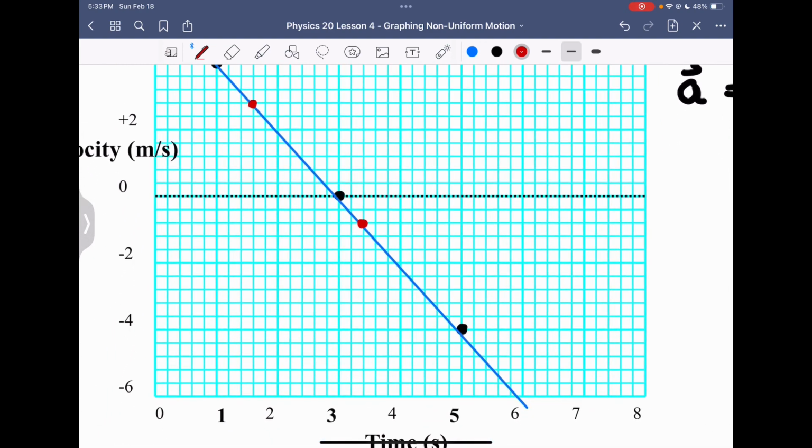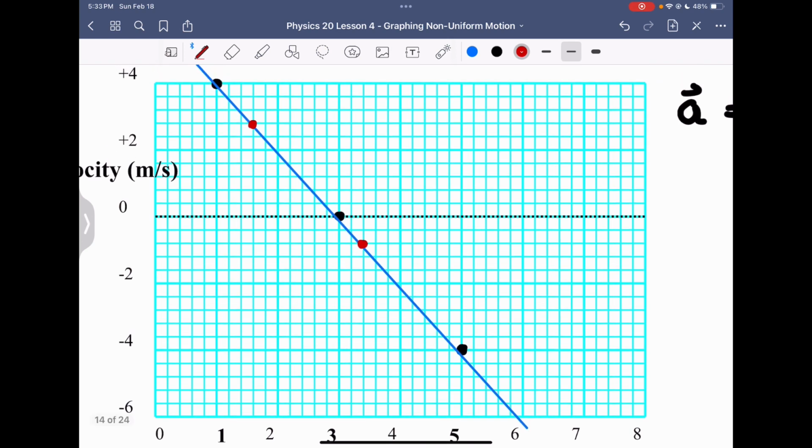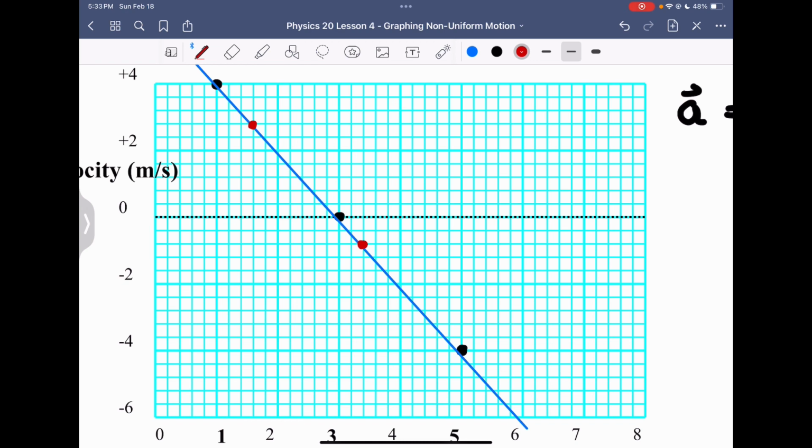So let's label these according to their times and their velocities. In the first point, we look at that one and we see it's between 1 and 2, and it's 6 past 1, meaning this is going to be 1.6 in terms of time for seconds. And then in terms of velocity, it looks like it's 8 past the positive 2, so it's going to be positive 2.8. There's a reason I put the positive there, because when we're mixing up positive and negative velocities, we want to be really exact with that.